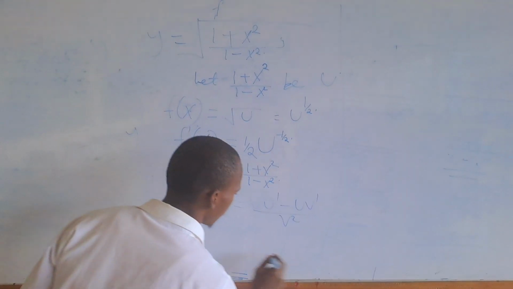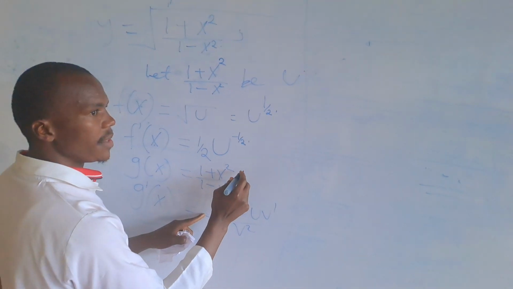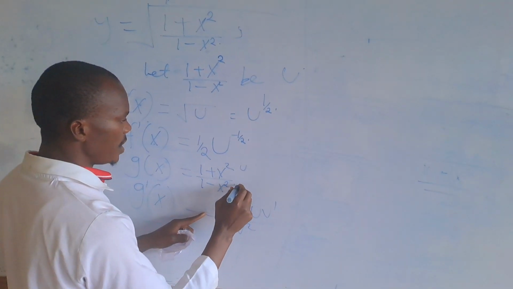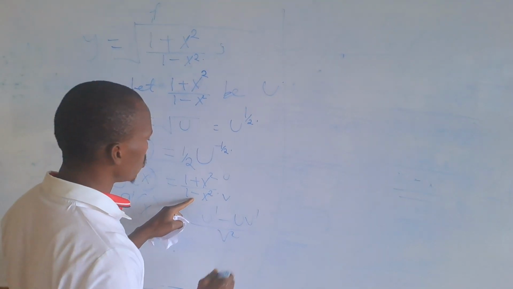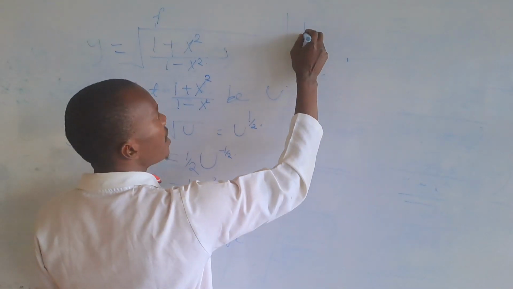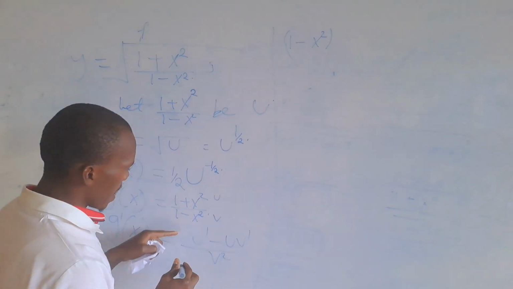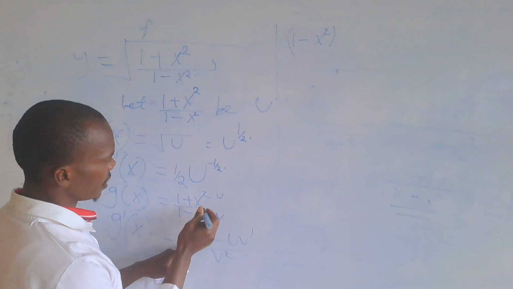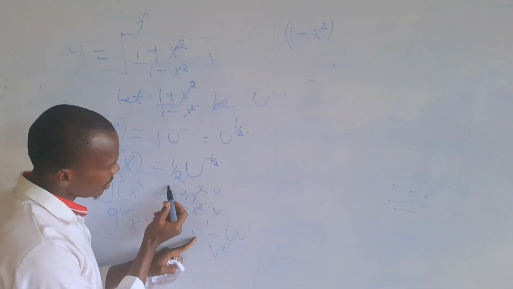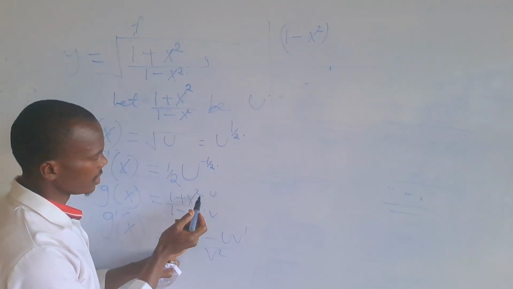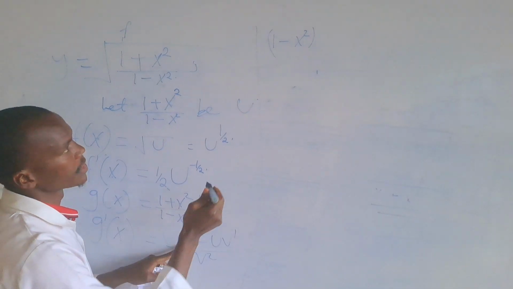In this case, u the numerator, v the denominator. So v, in this case, will be 1 minus x squared, then we multiply by the u prime, which is the derivative of the numerator, which will be 2x.